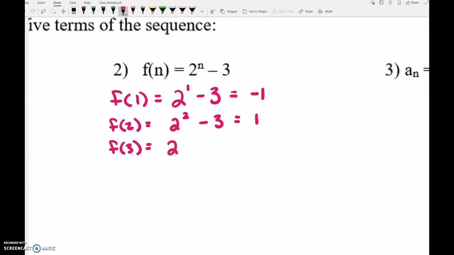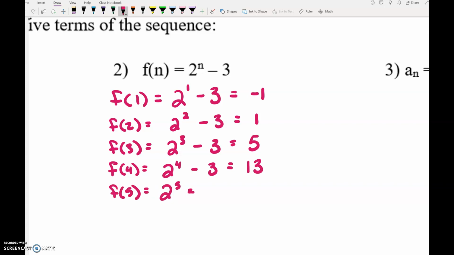And you could absolutely just start typing these into your calculator. You don't have to do them with mental math. You can just punch it into your calculator, let your calculator do all the work for you. You might have to if you don't know your powers of 2 very well. 2 to the third is 8. 8 minus 3 is 5. Anyone know what 2 to the fourth is? 16. 16 minus 3 is 13.